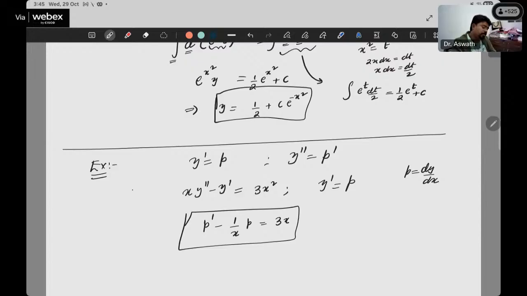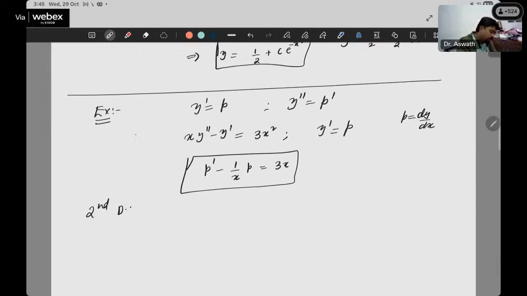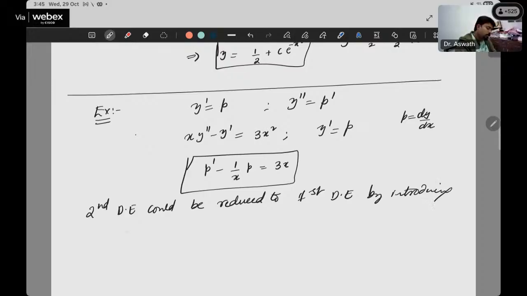Right? Now if you see, it's a derivative equation for p with respect to the independent variable x. So you can easily solve this now. Okay? So a second order differential equation could be reduced to first order differential equation by introducing a variable, for example, a velocity variable.